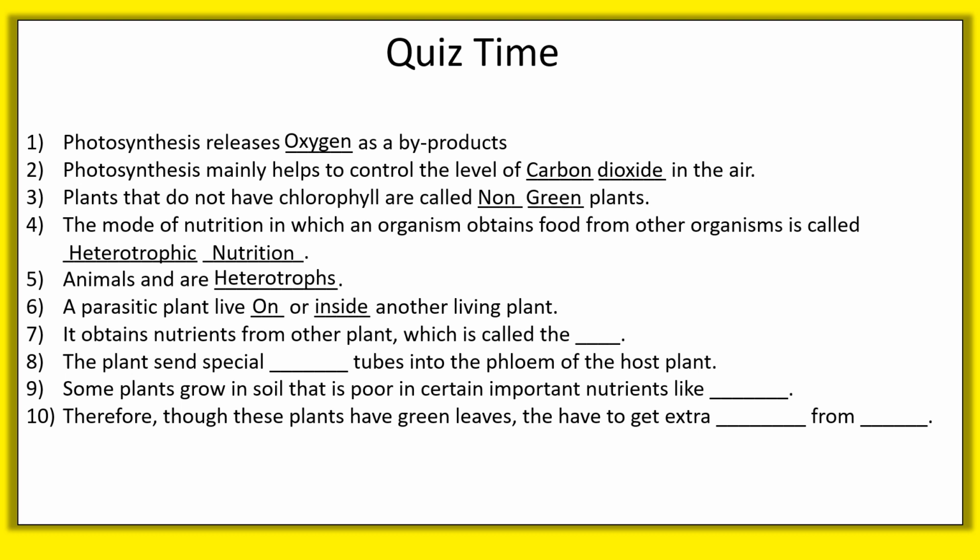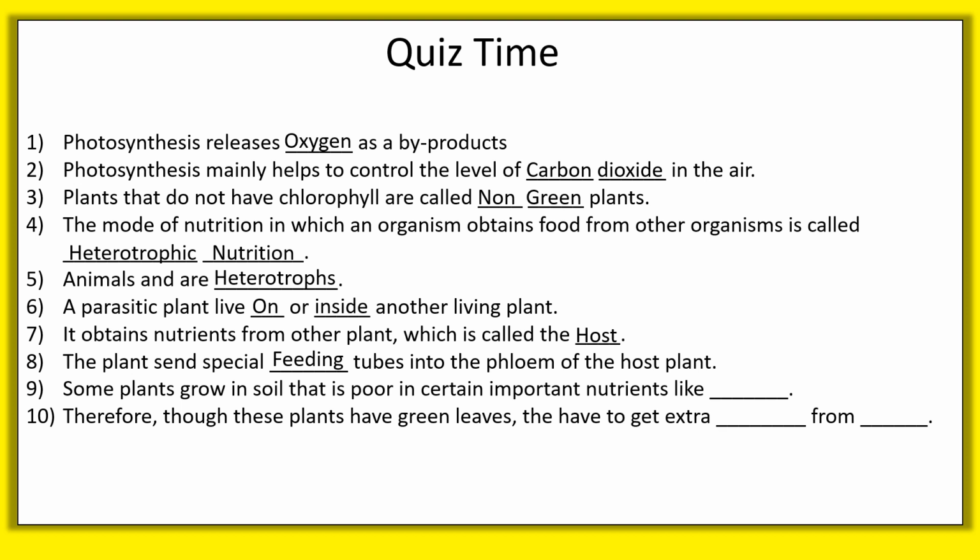The time is ended and the answer is host. Eighth, the plant sends special dash tubes into the phloem of the host plant. The time's up and the answer is feeding tubes.